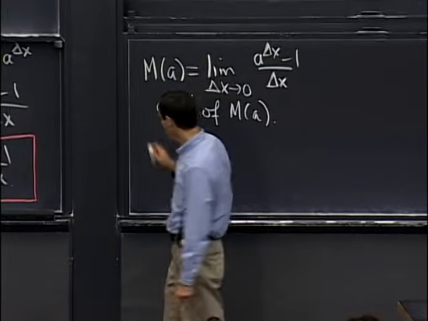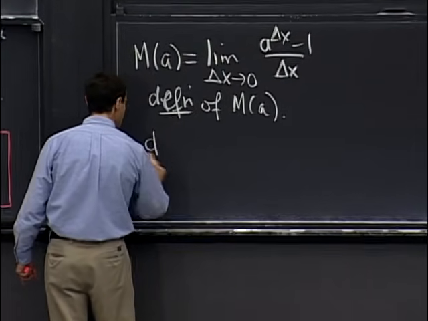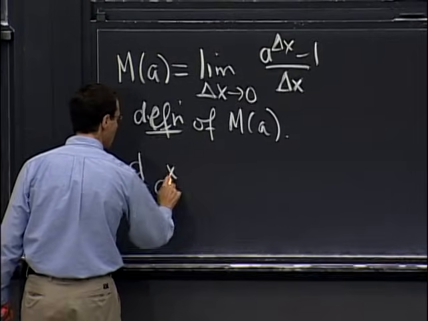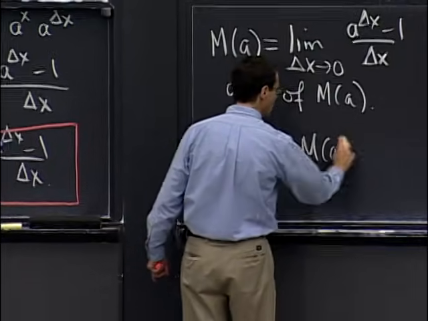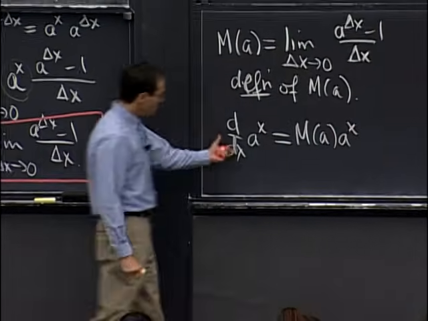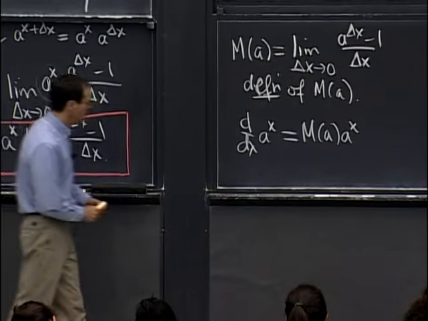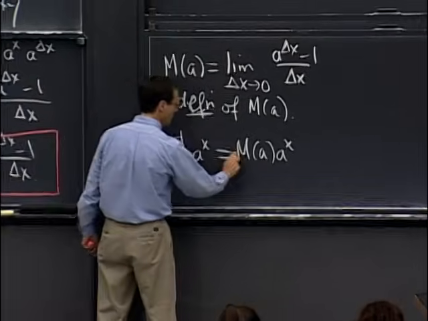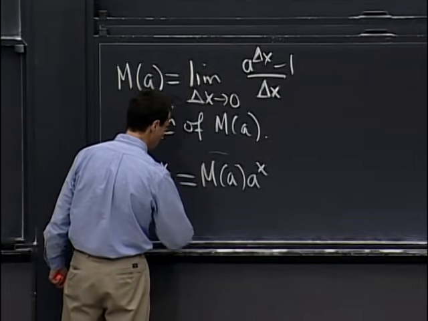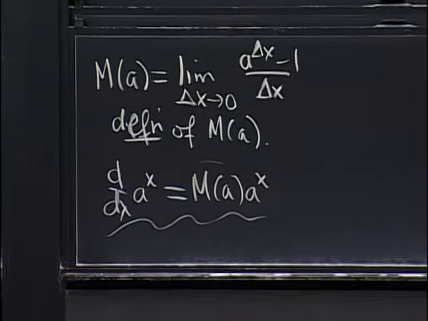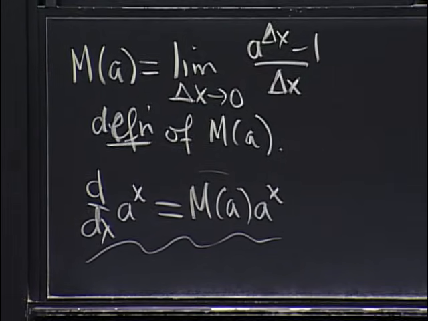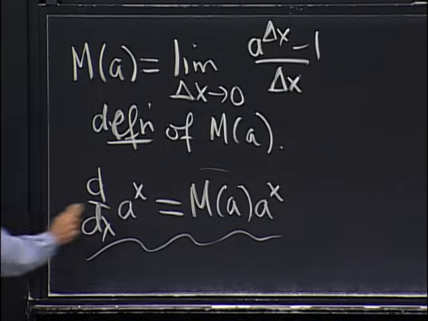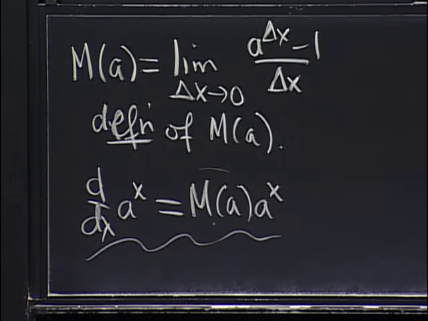It says d by dx of a to the x is equal to m of a times a to the x. So the derivative of the exponential is this mystery number times a to the x. We've almost solved the problem of finding the derivative of a to the x. We just have to figure out this one number, m of a, and we get the rest.